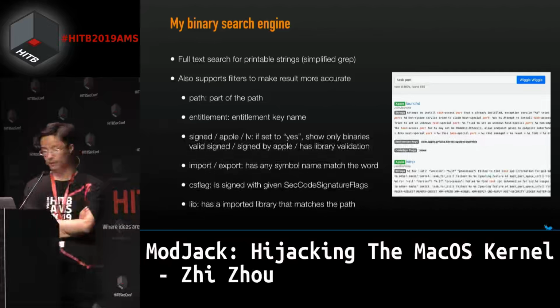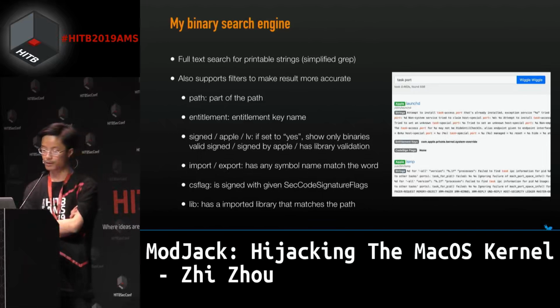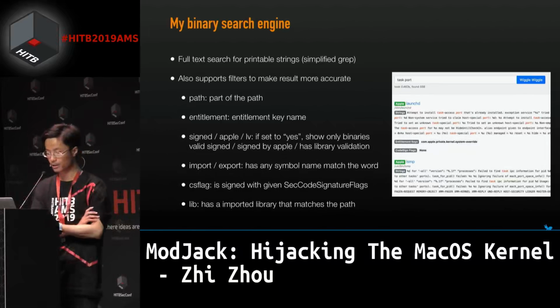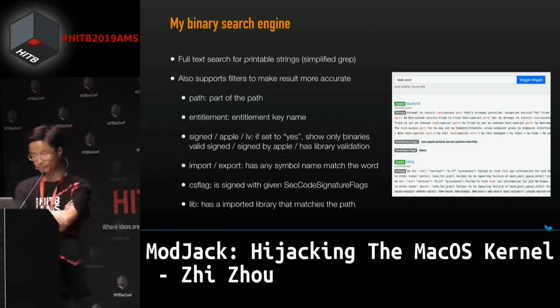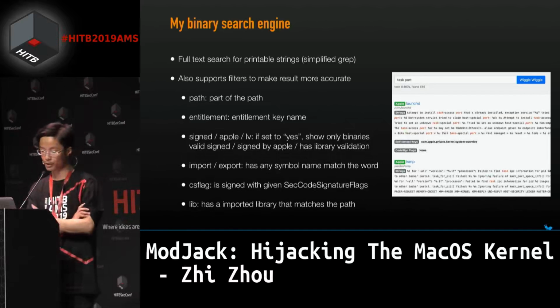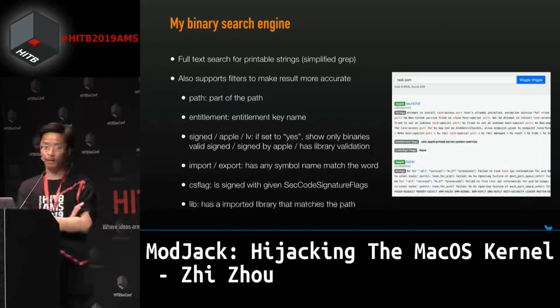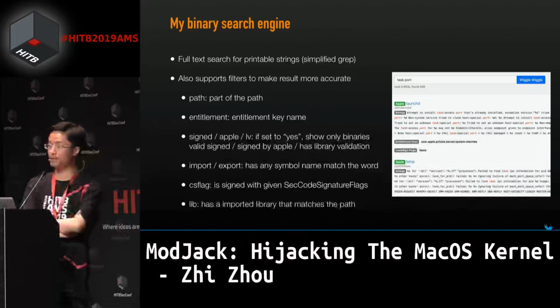For the full text search, first of all, you can just type any keyword to perform a full text search for printable strings. It's just like a simplified grep, and it also supports some other filters to make the results more accurate, like the path of the binary, the entitlement name, whether the binary is signed by Apple or has the library validation flag, and the symbol. You can grab all the binaries that have imported the system function.